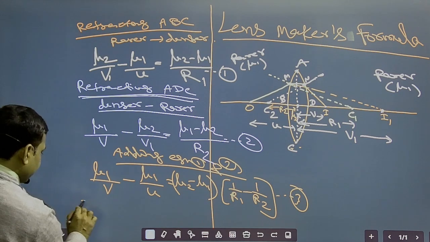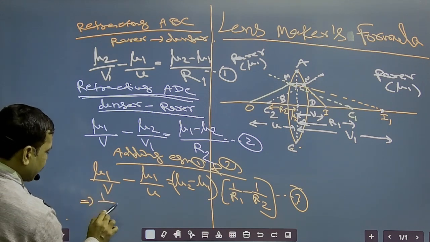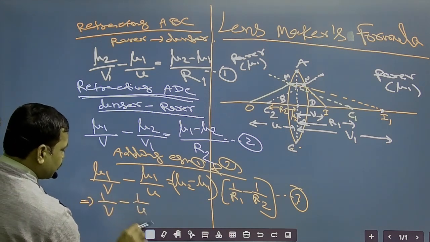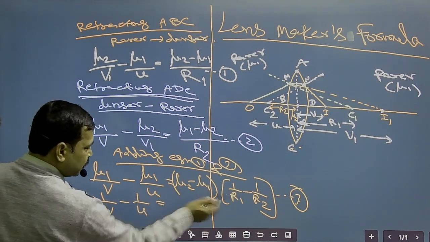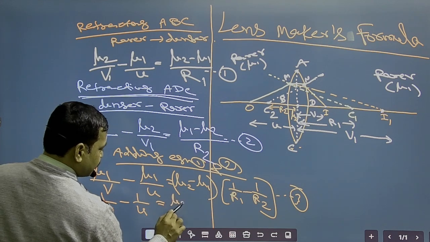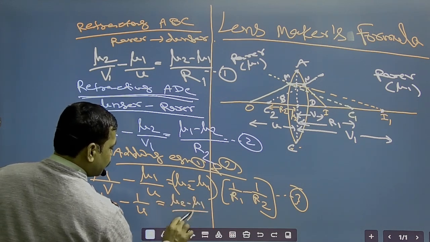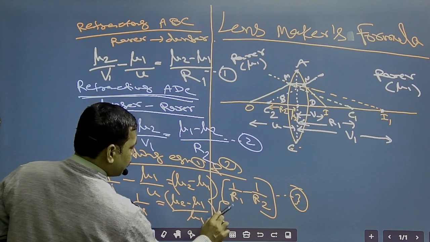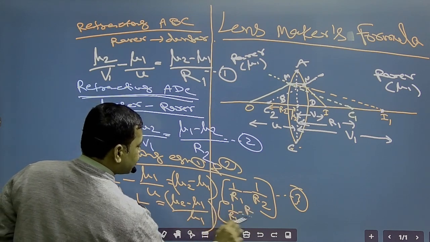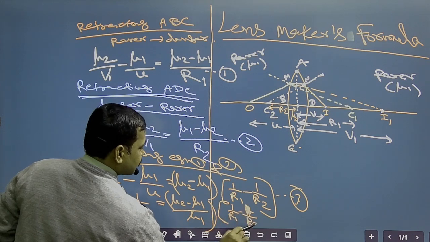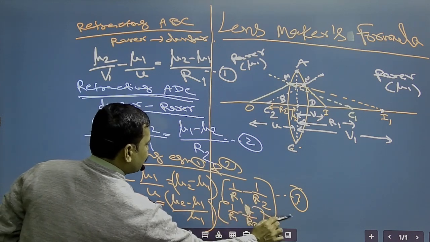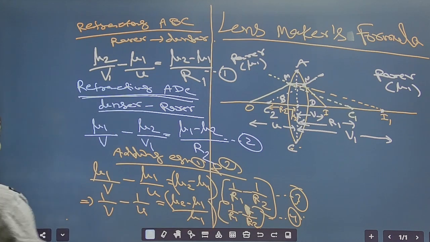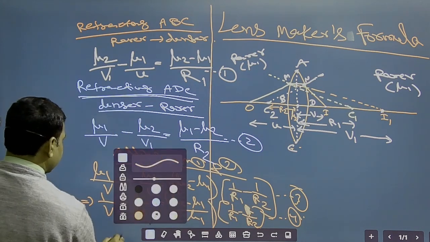I can rearrange: 1 upon V minus 1 upon U equals, taking mu1 to that side, mu2 minus mu1 upon mu1 into 1 by R1 minus 1 by R2, right? This way we can simplify to the lens maker's formula. So this is known as your lens maker's formula.